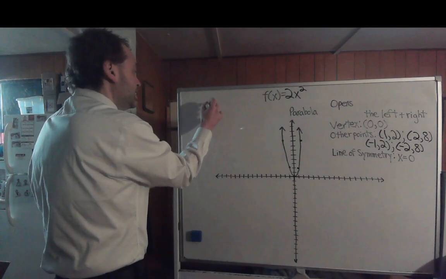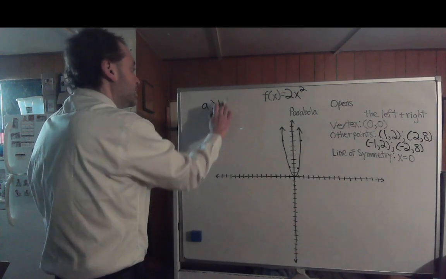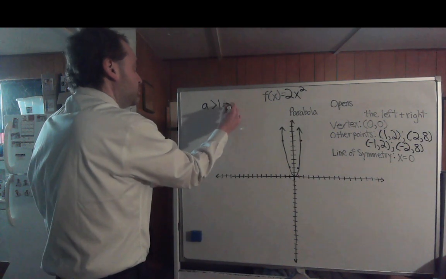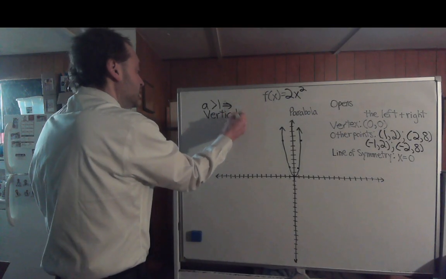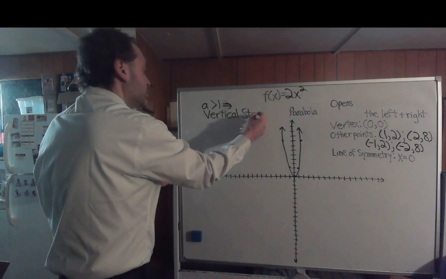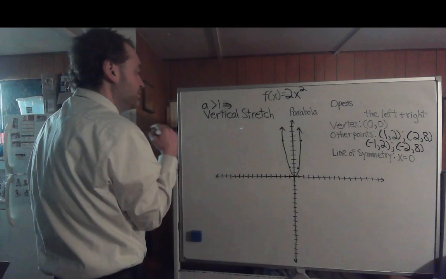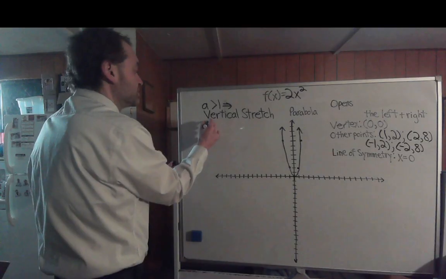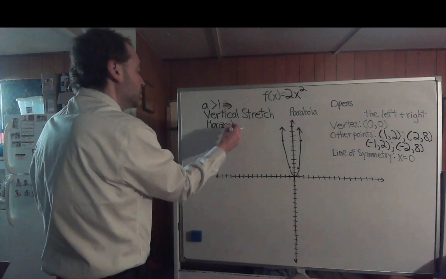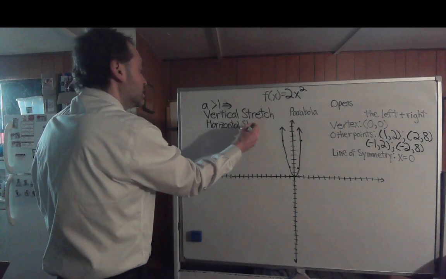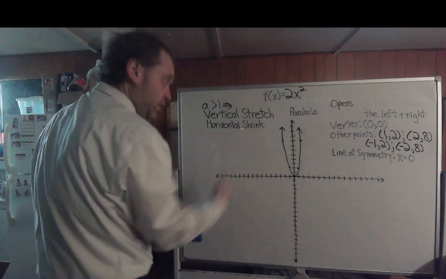And a, if it's greater than 1, that means you have what's called a vertical stretch. This is a vertical stretch. It's also a horizontal shrink. And it's still going to open upward and all that, right?